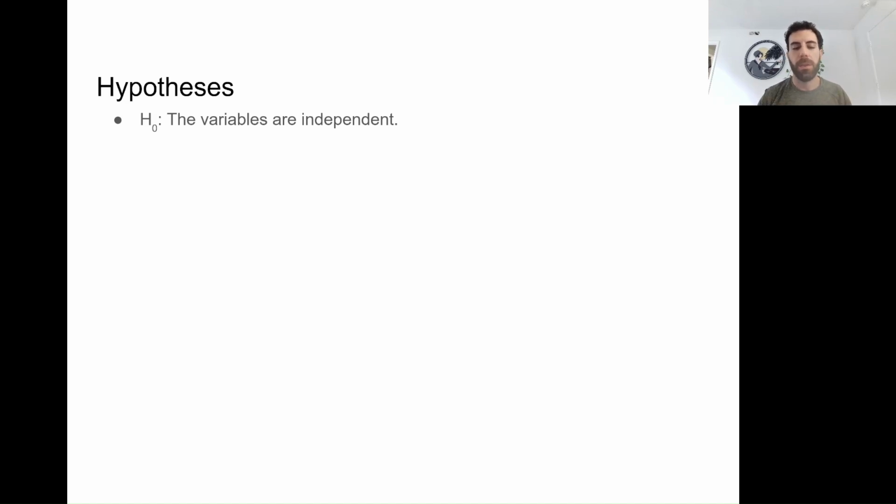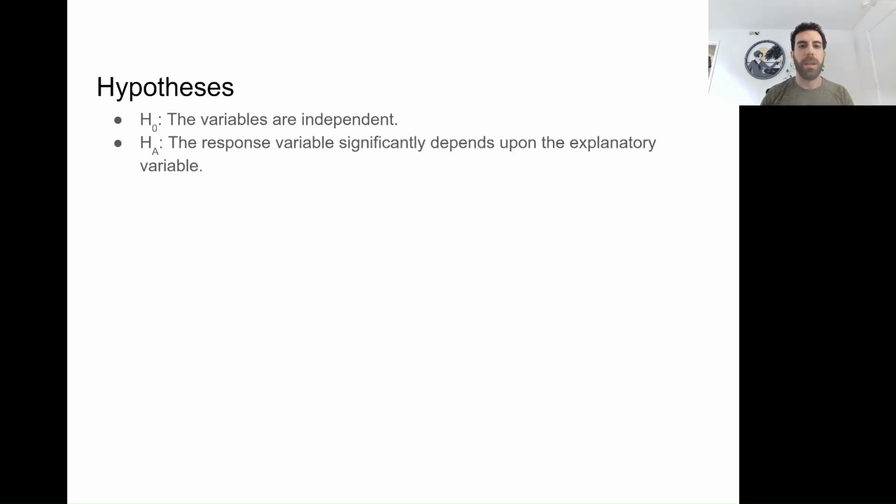But in this case, there's no notation here. We're just saying the variables are independent. There's no relationship between political affiliation and vehicle driven, or, as you'll see in this later example, with blackjack, the cards being drawn. Whereas the alternative is that the response variable depends on the explanatory variable.